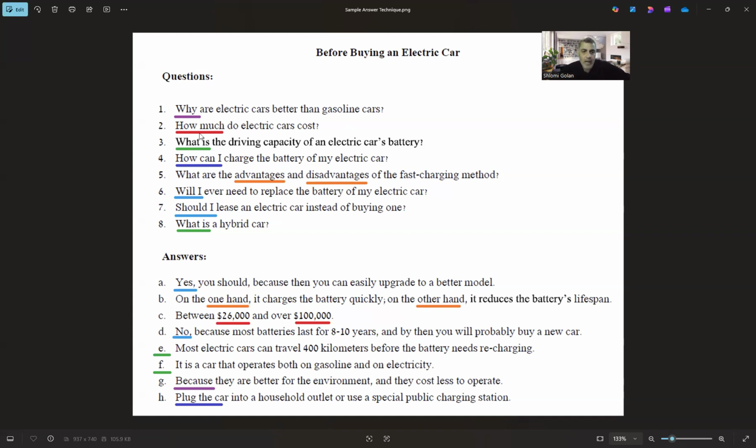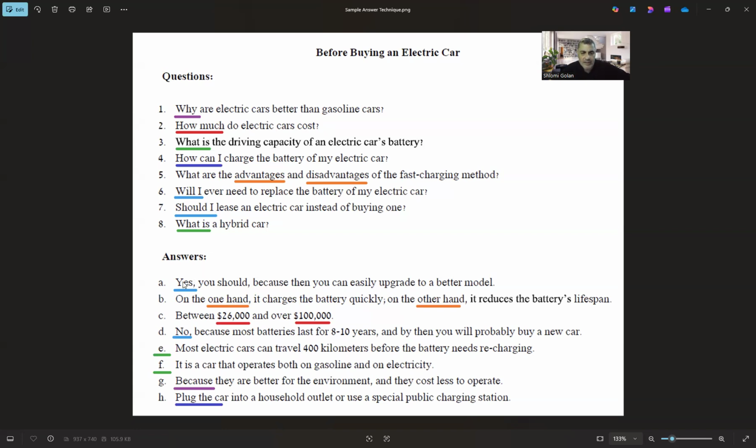Or how much does whatever cost, or anything of this sort, this is another anchor word. Well, we have prices right here, without even reading the whole answer, we have them listed. Here is another sample. Will I? Should I?